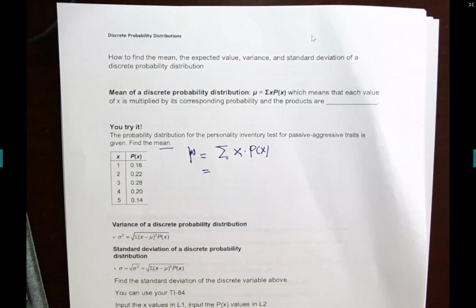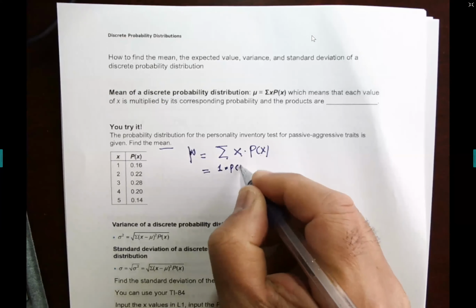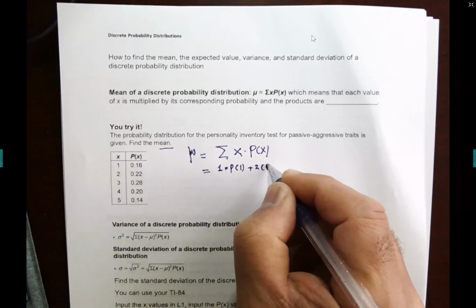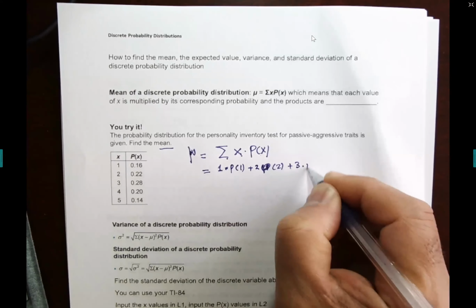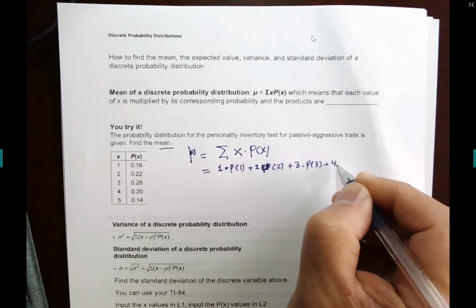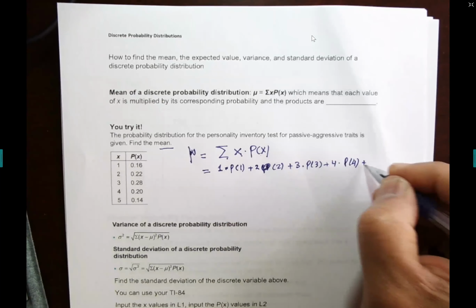You start with 1 times 0.16. Exactly. 1 times p of 1 plus 2 times p of 2 plus 3 times p of 3 plus 4 times p of 4 plus 5 times p of 5.